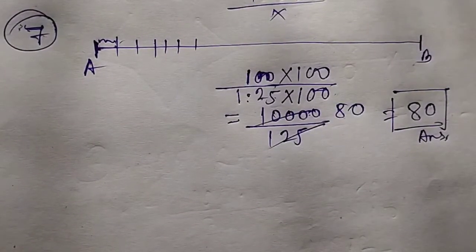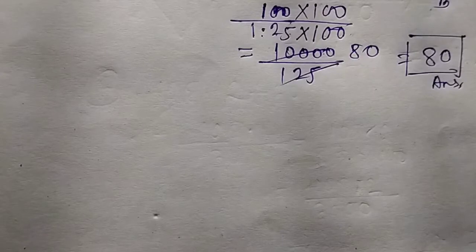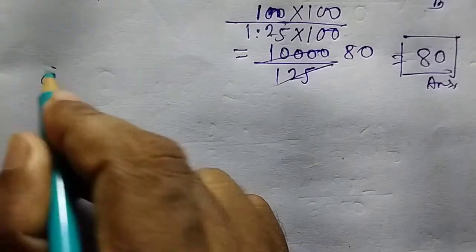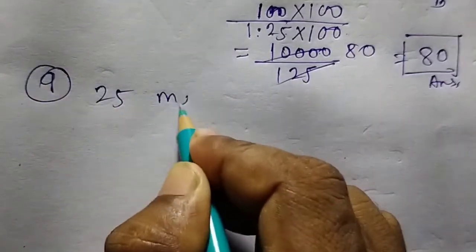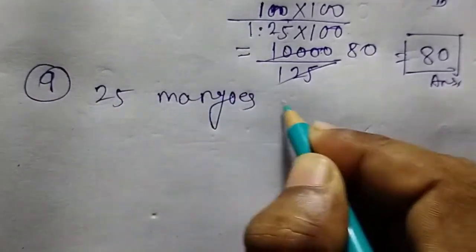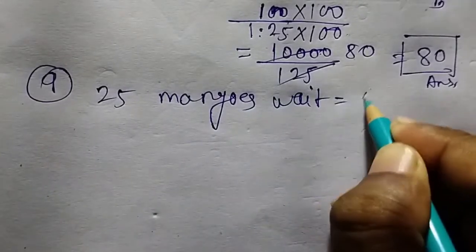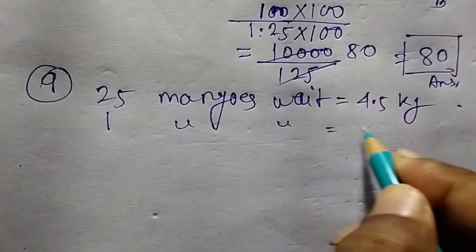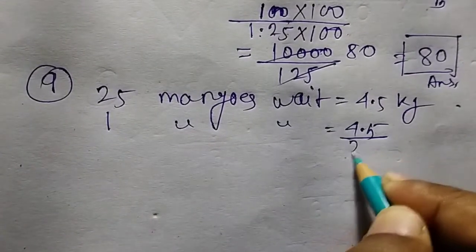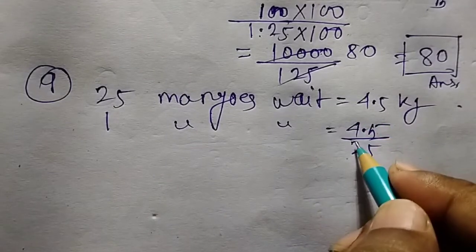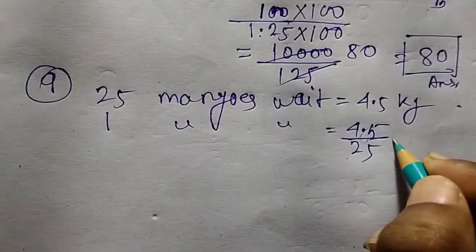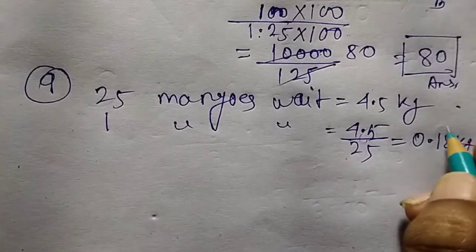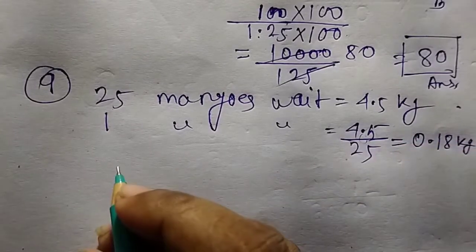Now try to solve question number 9. Question number 9: 20 mangoes weigh 4.5 kg. So 20 mangoes weigh equal to 4.5 kg. So 1 mango's weight is equal to 4.5 by 20, and you know how to divide this number, and if I divide this number we will get 0.18 kg. Now how much does a dozen mangoes weigh?